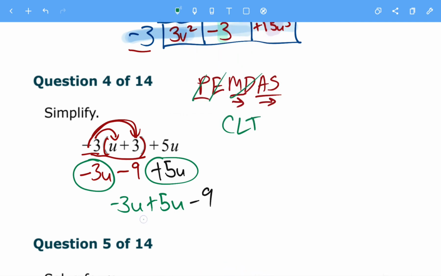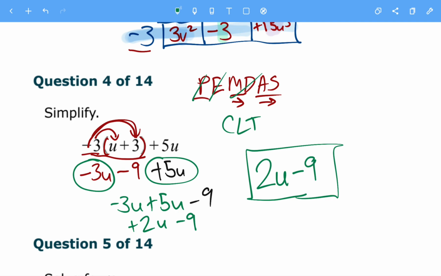Combine those, we get a positive 2u minus 9. So our final answer is 2u minus 9. Those are not like terms, so we cannot simplify any further.